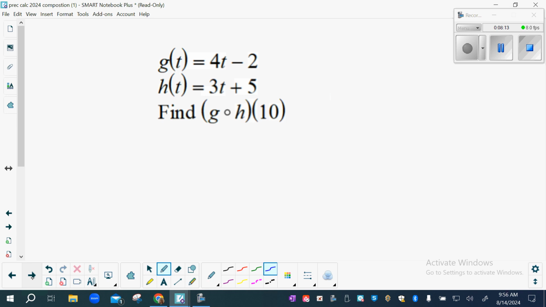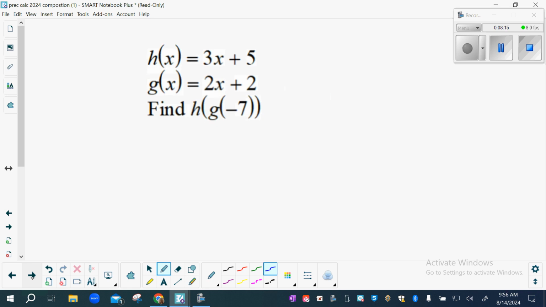There we go. We're going to start with this one. Are you ready? It says compose your functions, right? So here's what we're going to do. We're going to take our cupcake, boom. We're going to plug it into the right function, and the right one is G. So we're going to take that -7 and plug it into G. Please do that. -14 plus 2. Now, here's where kids mess up.